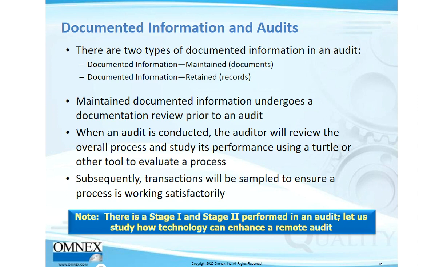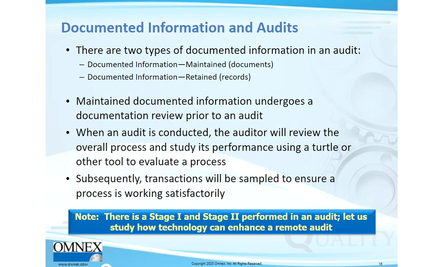And when an audit is conducted and we say, show me, it's the retained documents that we're seeing. And when we get to electronic workflows, we'll talk about how transactions can be sampled to ensure a process is working satisfactorily.